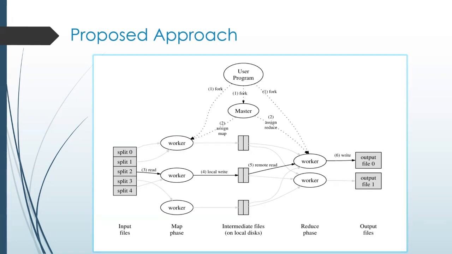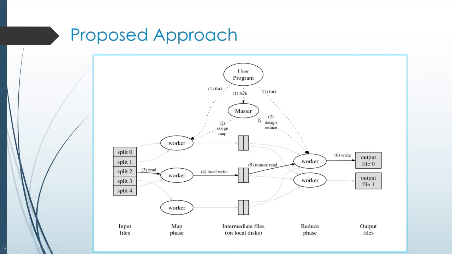What is this? We can see the input files are divided into different splits, and multiple copies of the program are started on a cluster of machines. What is new in this approach is the master copy.